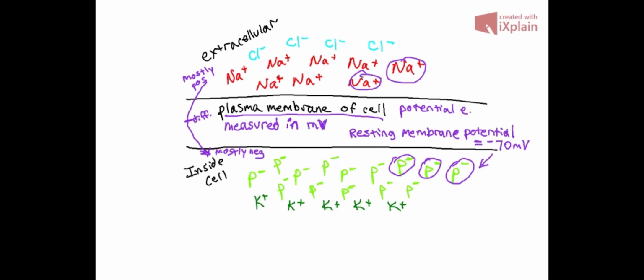There's just way more negative proteins inside the cell. So it makes it lopsided, so it makes inside the cell mostly negative. So if you were to add up all these negative proteins and subtract it from all these positive sodium ions outside the cell, you would end up with a negative 70 millivolts. And that's a thousandth of a volt.